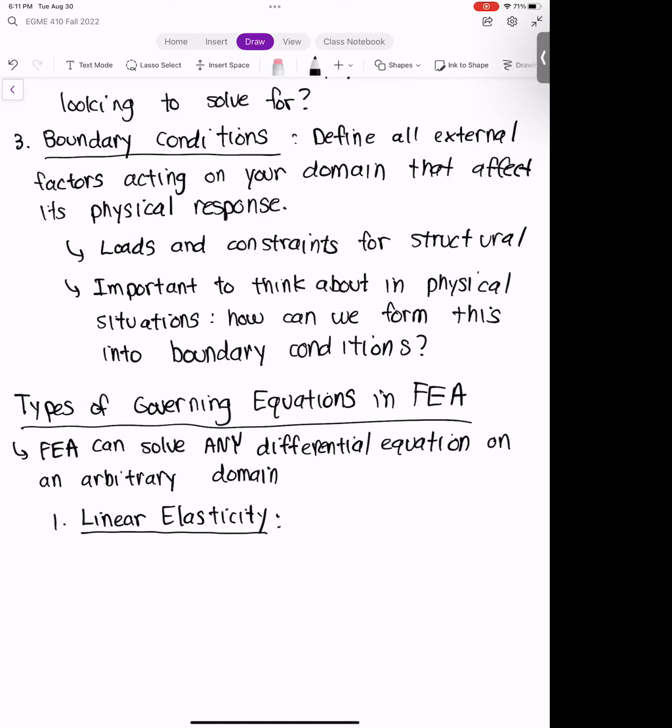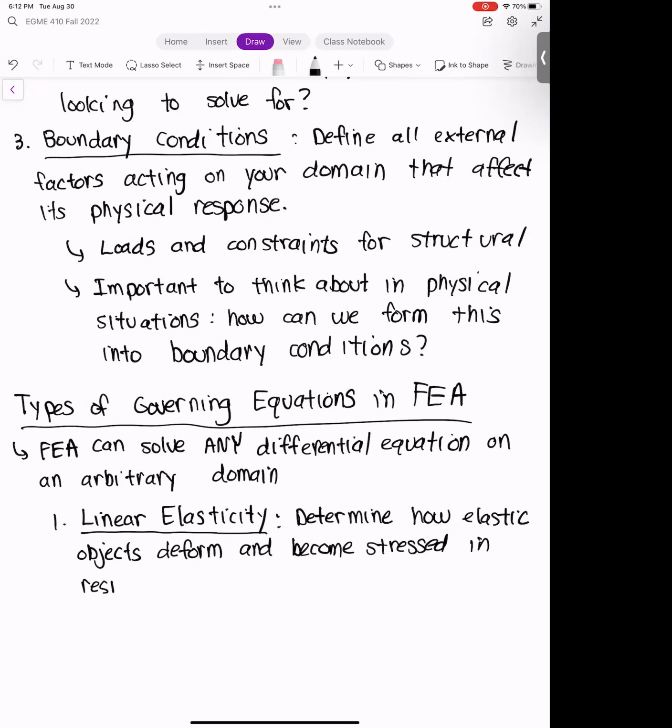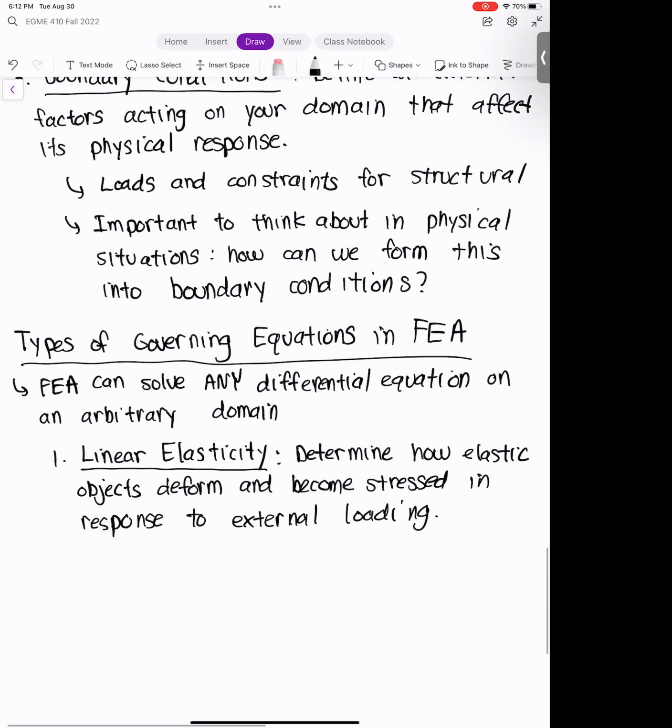And so what these equations determine is how elastic objects deform and become stressed from some kind of prescribed load. Okay.